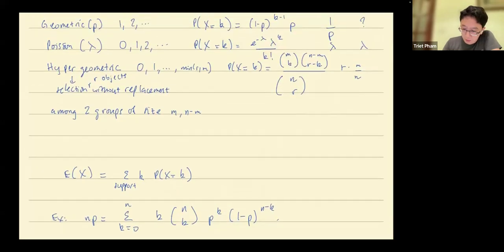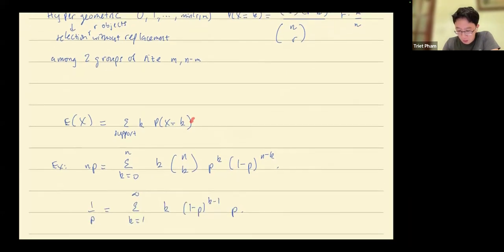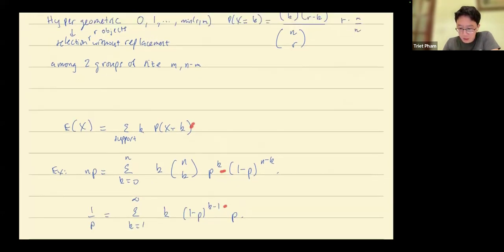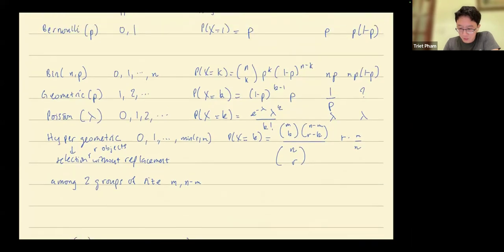Same thing here with the hypergeometric. If you look at the probability distribution formula and you sum over all possibilities, I very much doubt that you can come up with the answer like this. Surprisingly, I think I know how to work out all the identities of the other random variables. They're not trivial, but they're not that hard.